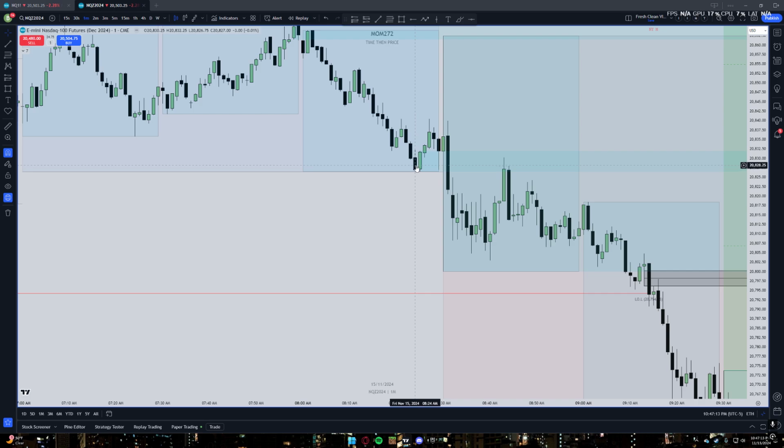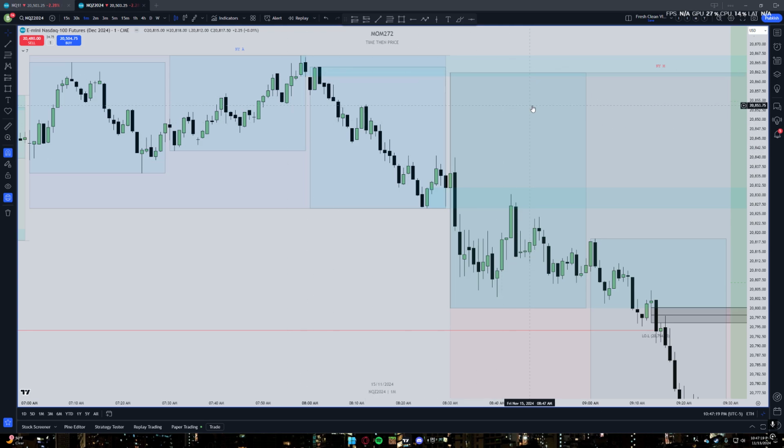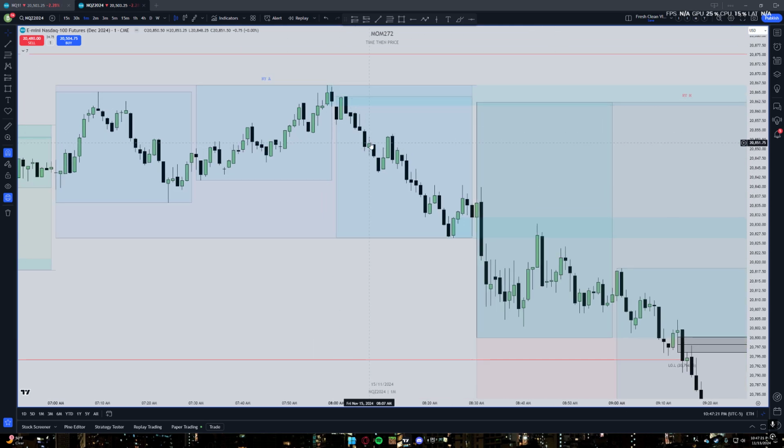To be fair, the only way I've seen ICT describe an order block is, I'll give you that definition. This candle, this is an order block. This green candle, an up candle in a downwards move, is an order block. Down candles in an upwards move are an order block.